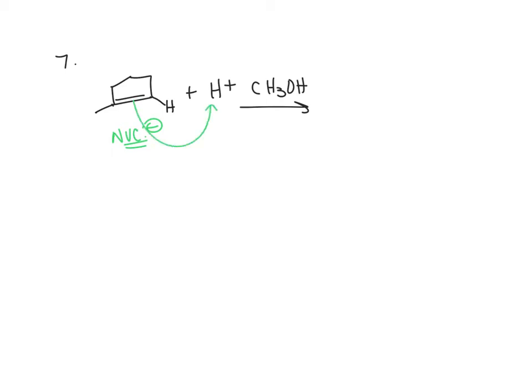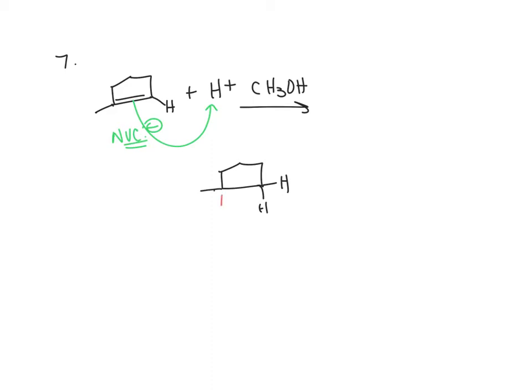So for number 7, if you did this reaction in acid catalyzed methanol. Okay, so the first thing that would happen is the nucleophile, which is your alkene, would get protonated, and you would form the carbocation.